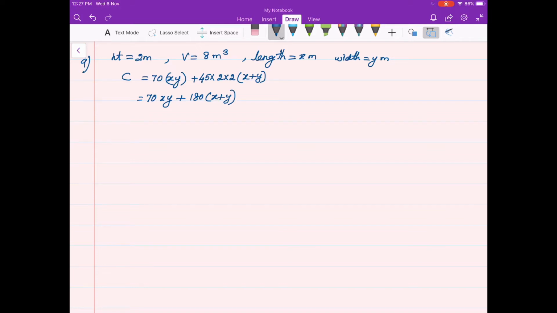We have two variables, we have to change one of them. Volume is given, volume of the tank is LBH, is given as 8. L is x, breadth is y, height is 2. Therefore, y is 4 divided by x.